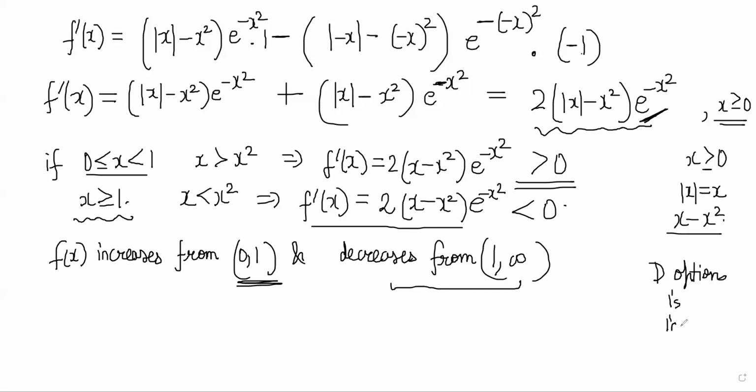So one of the options we have worked out by simply finding f(x) and its derivative and understanding the nature of that function f(x). Similarly, let's try to evaluate g(x). g(x) was defined as the integral from 0 to x² of √t e^(-t) dt, and this was true for x greater than 0.